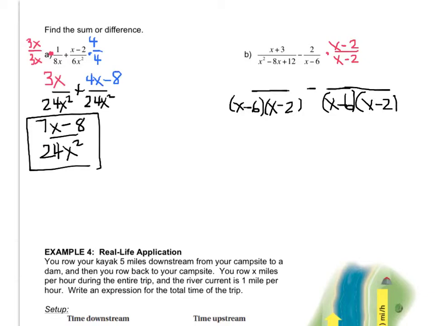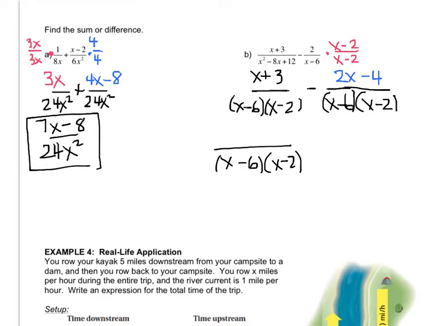So the first one stays x plus 3, because I didn't have to change that at all. And the second fraction turns into 2x minus 4.